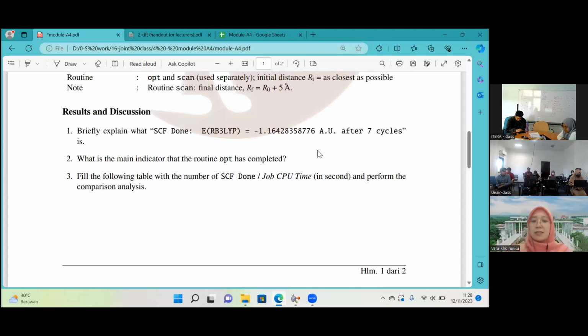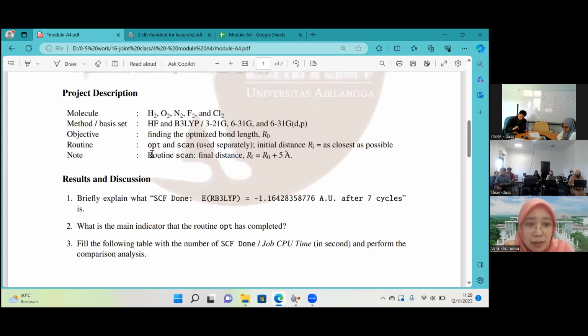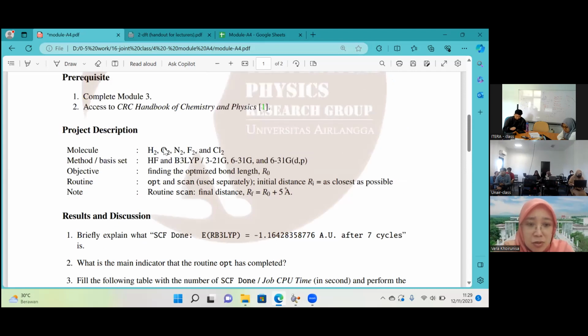Okay, if there is no question, now you can perform your own calculations. So we still have like 30 minutes, so you can start doing your exercise. So you can calculate like H2, O2, etc. And then if you find a problem in calculations, you can ask me.